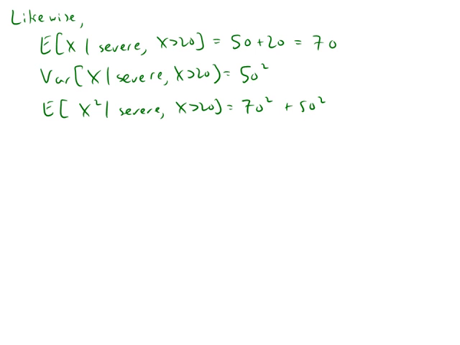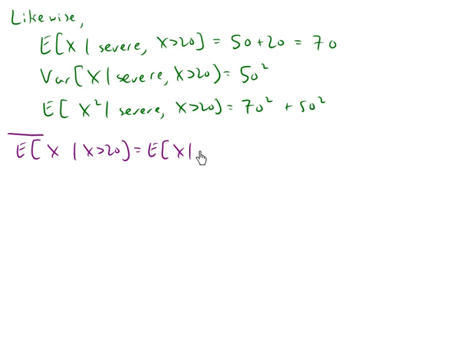And now for the final piece of the puzzle to bring this all together, what's the expected value of x squared given that x is greater than 20? Well, let's actually just look at the expected value of x first. The expected value of x given that x is greater than 20 is simply equal to, I'm going to break it down in my two cases.